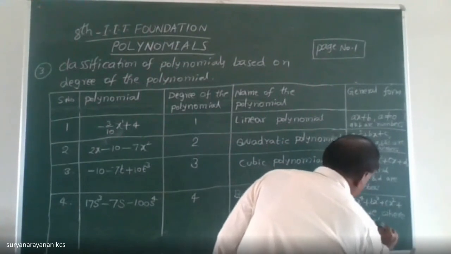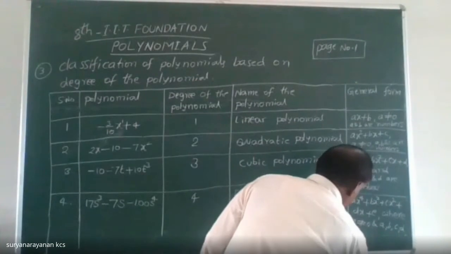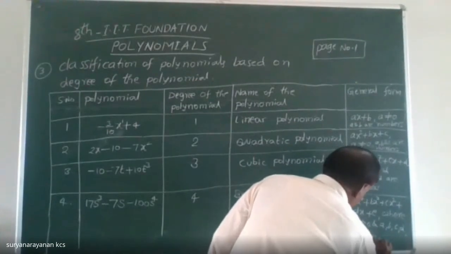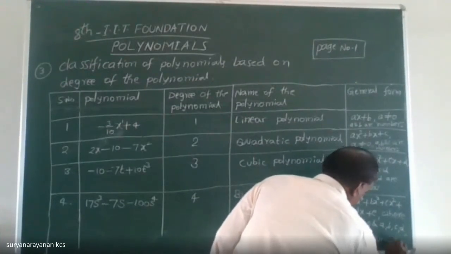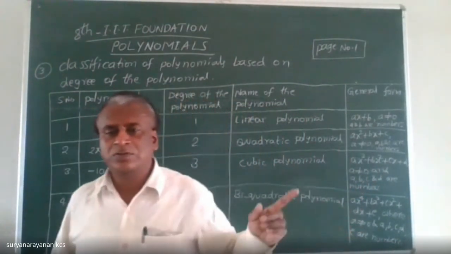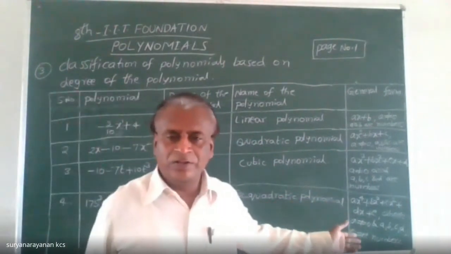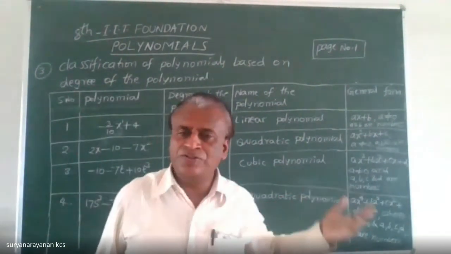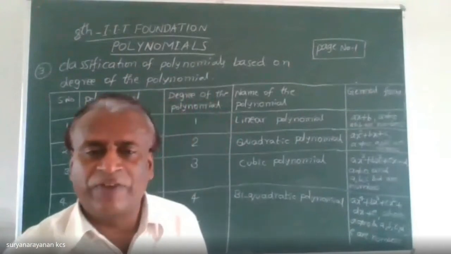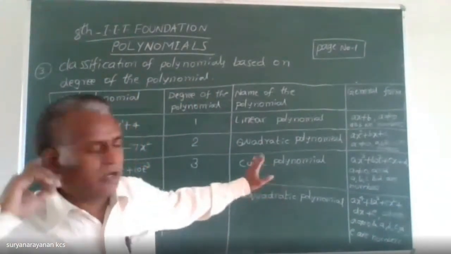The coefficient of x power 4 should not be equal to 0, and a, b, c, d, e are numbers. They may be natural numbers, whole numbers, or fractions. Okay, my children, this is enough.